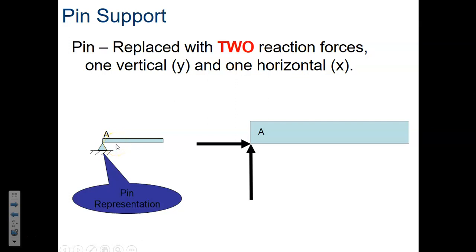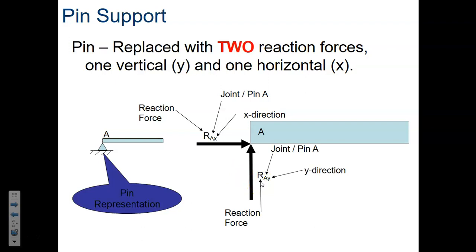You're going to call one RAX and the other one RAY, because we're dealing with point A. So this is RA in the X direction, this is RA in the Y direction. That's a reaction force at point A in the X direction. And then here we've got point A in the Y direction.